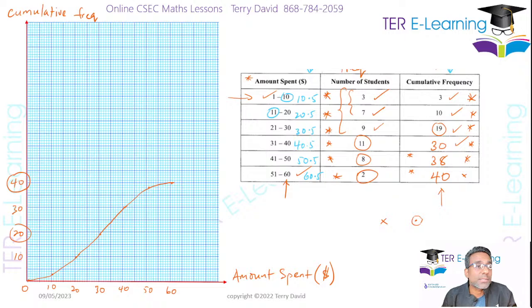Actually, wait, let me just use our next line here. So again, you're going to read off at 20 here, and then you're going to come down with that graph.